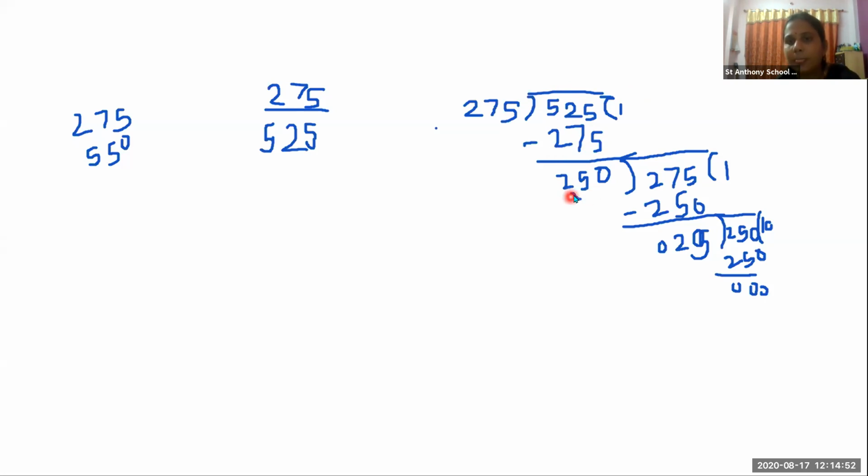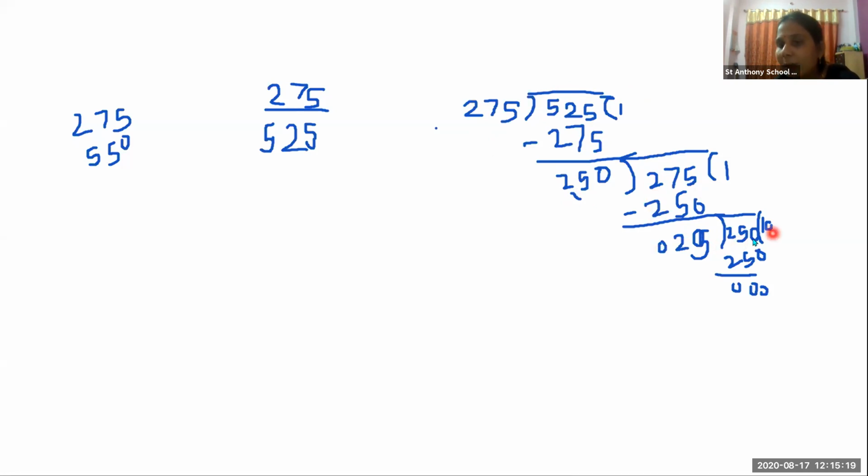Right, 250. Now which number am I going to take over here for division? The number by which we divided, we will take again here. Now 275 divided by 250, again 250 ones are 250. Now 5 minus 0 is 5, 7 minus 5 is 2, and 2 minus 2 is 0.